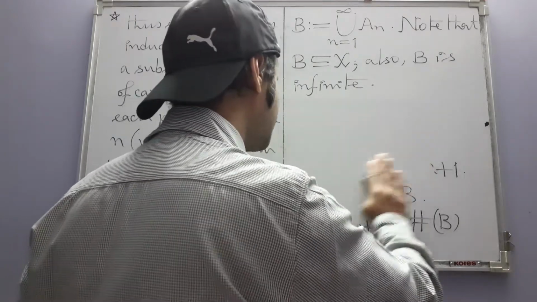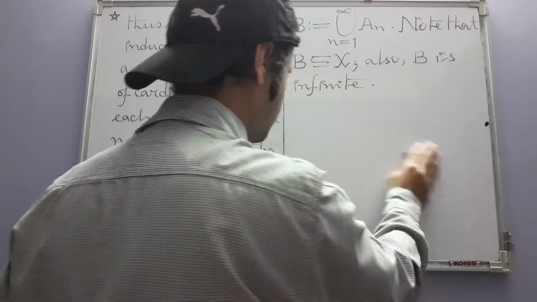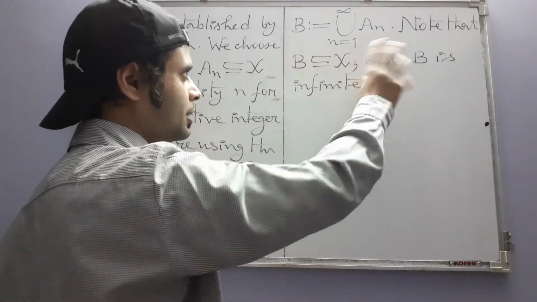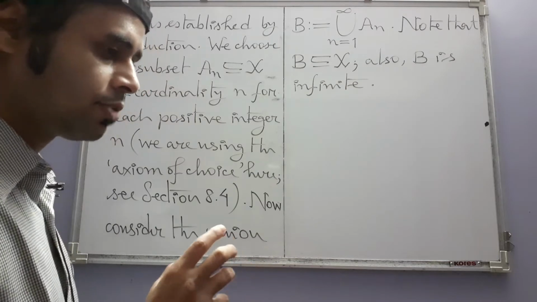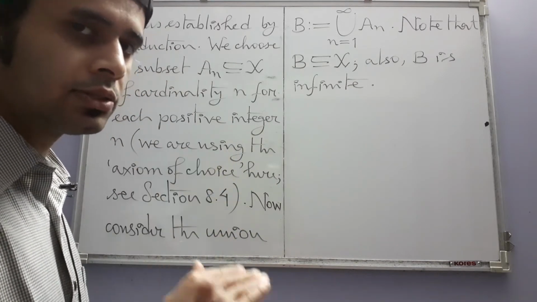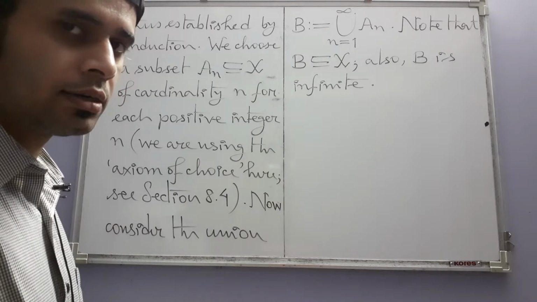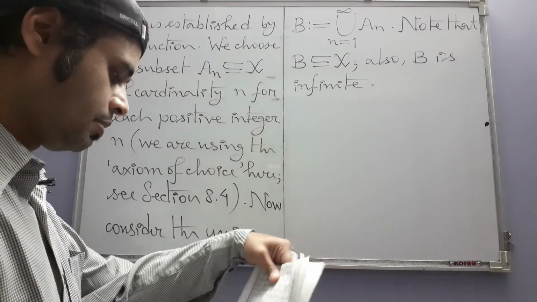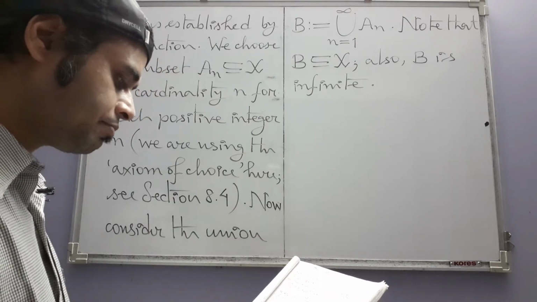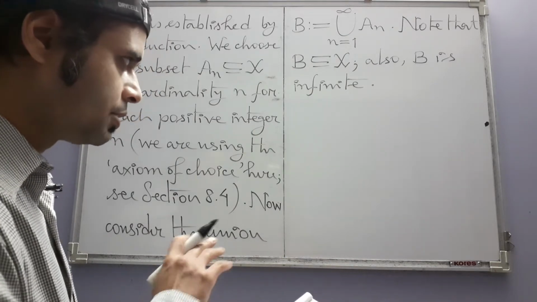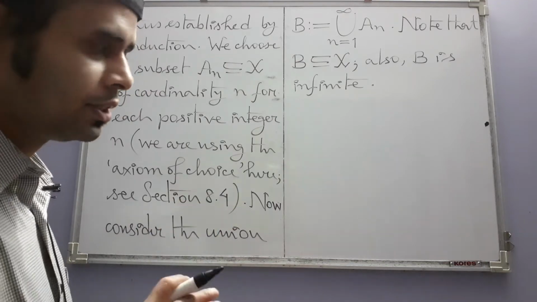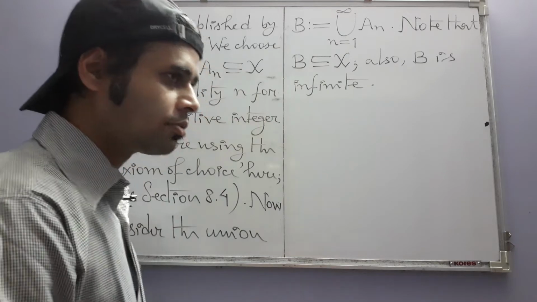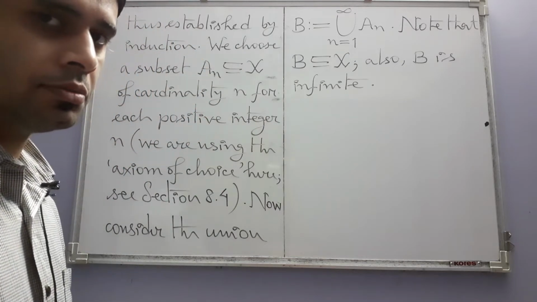But something else about B is also true. You see that B is in fact a union of not just arbitrary sets but finite sets, and finite sets by definition are countable. And we have already seen one proposition or result in this section which says that a countable union of countable sets is countable.